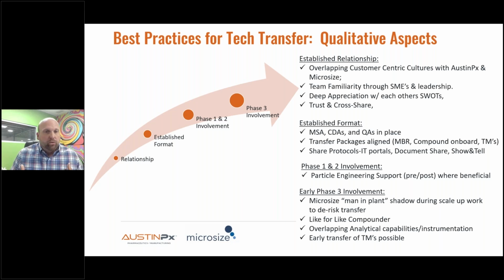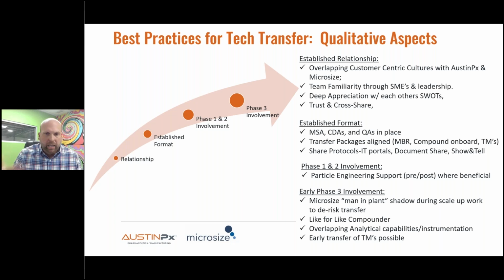And we have a plan to do man and plant shadowing from a very early level. So during phase 3 optimization, there will be great communication between both parties, and be shadowing from an area as Justin designs that space and does those trials. Microsize engineers and formulators will be present to streamline that transfer to our facility.